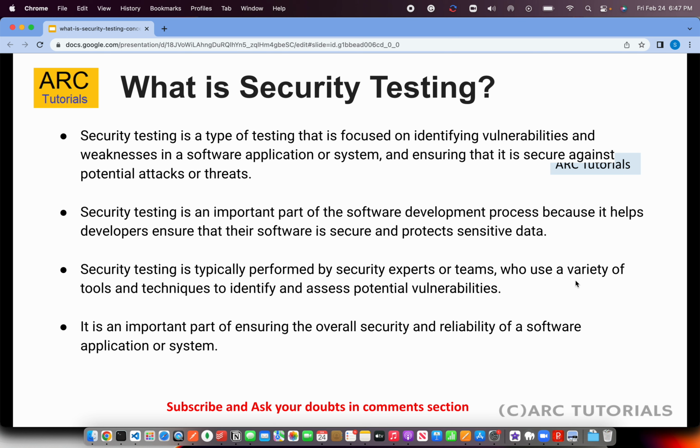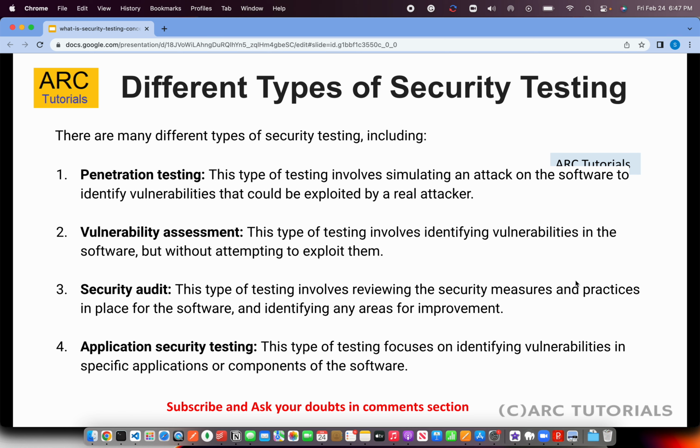Security testing is performed typically by a separate independent specialized team who are experts in using certain tools and techniques to identify and assess any potential vulnerabilities. The vulnerabilities can be of different types, like a system attack, a data leak, etc. So it's an important testing to ensure that the overall system is safe and protected.